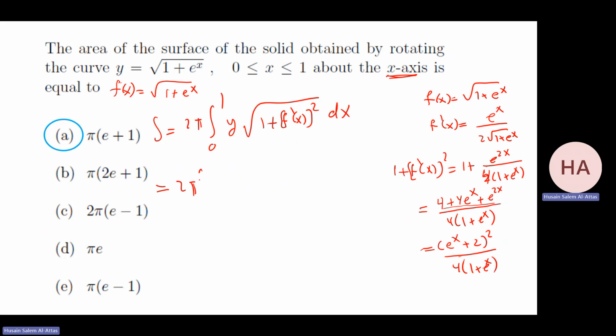So that will be 2 pi from 0 to 1. I have the y times square root of this, which is (e to the x plus 2) over this square root, 2 square root of 1 plus e to the x dx. Cancelled, cancelled, cancelled.